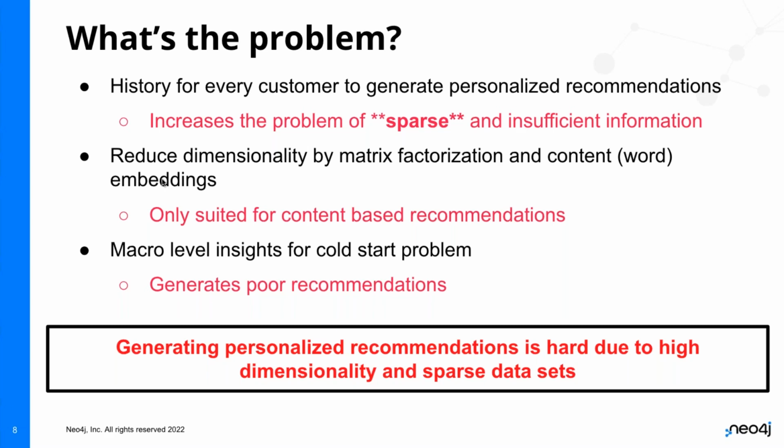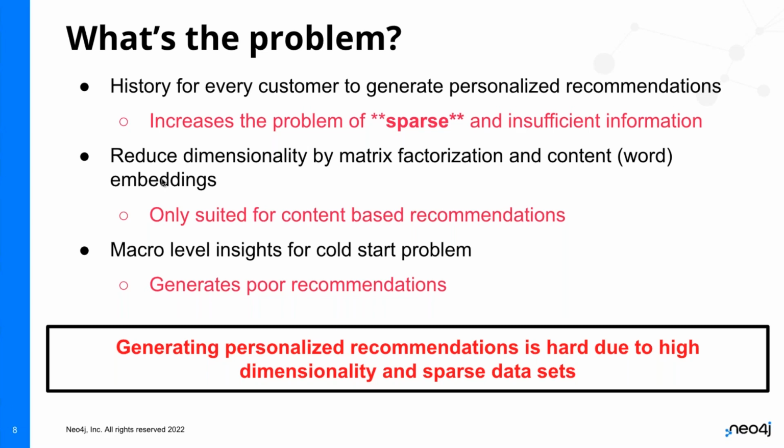So if Amazon wants to recommend some kind of products to me, then they can rely on multiple options like content-based recommendations and collaborative filtering. But for proper collaborative filtering, they do not have sufficient information about me as a customer to generate any personalized recommendations for me, right?